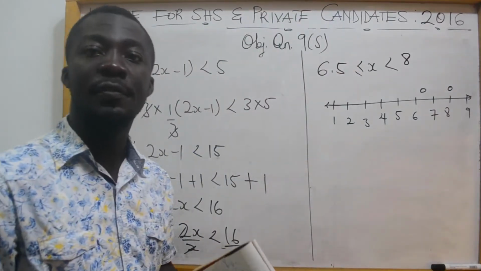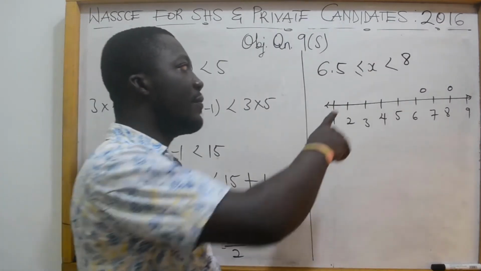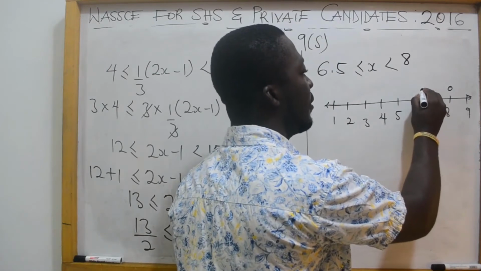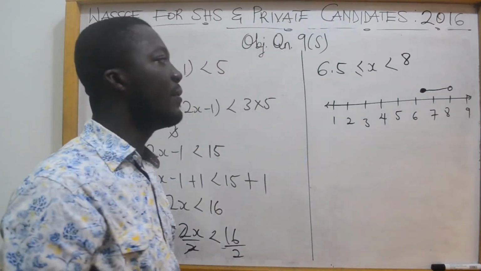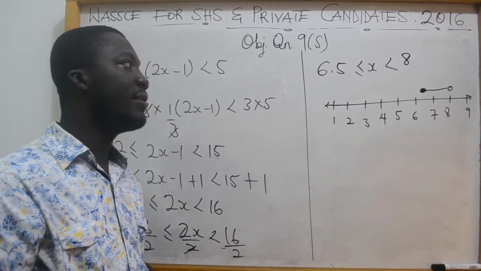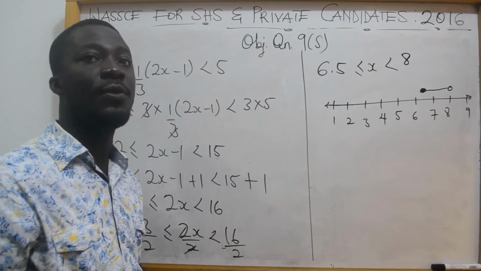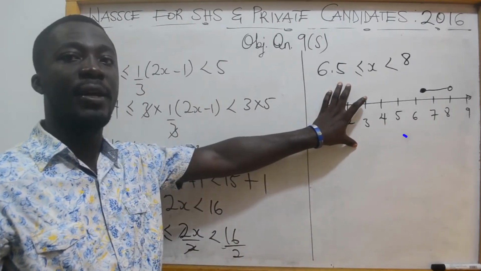But 6.5 is less or equal to x. Because of the equal to sign, we are going to shade this one and join that. So that will be our inequality for 6.5 is less or equal to x less than 8. This is the number line.